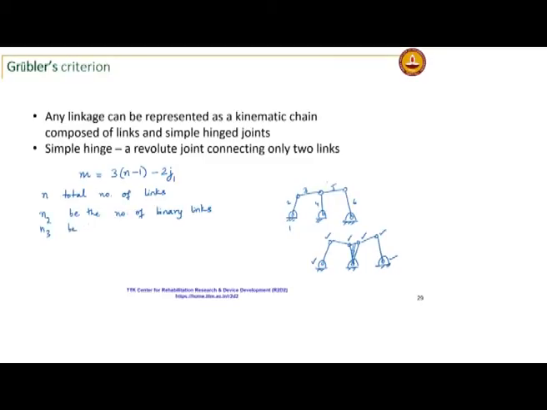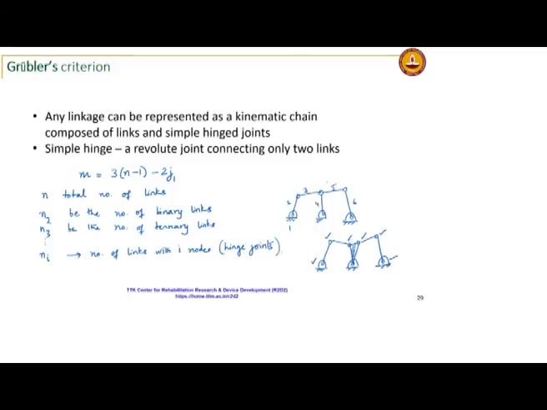n3 be the number of ternary links, and so on. So, ni is the number of links with i nodes. Each of those links has i nodes, and I am considering that all these nodes have simple hinge joints.